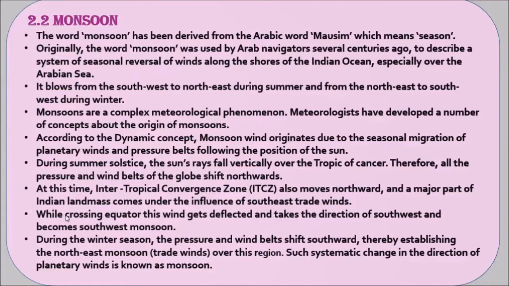A major part of the Indian landmass comes under the influence of southeast trade winds. While crossing the equator, the wind gets deflected, takes the direction of southwest, and becomes the southwest monsoon.